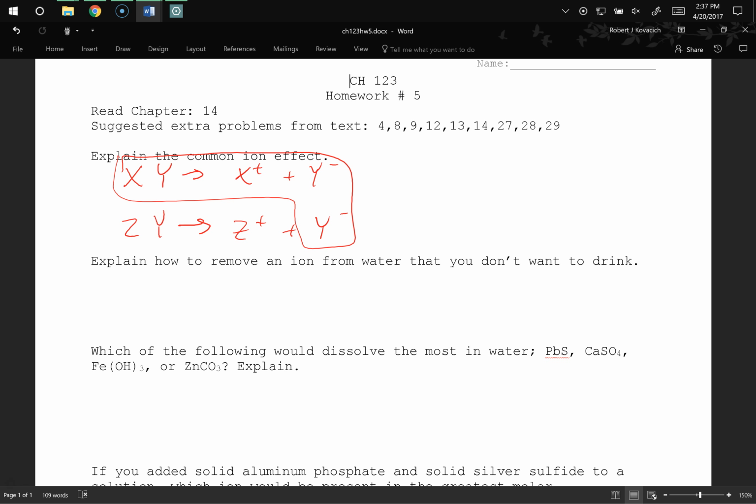Does that graphically make sense? No? Okay. How about, is it kind of like the forcing? Yeah, sure.